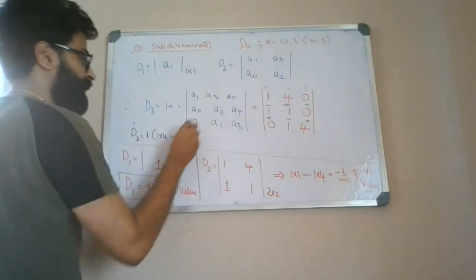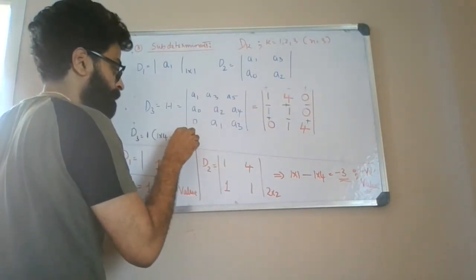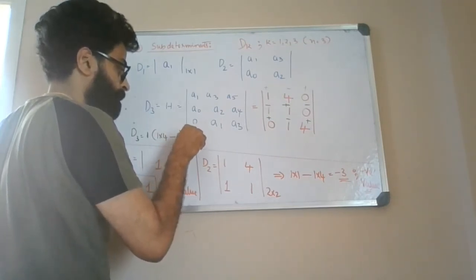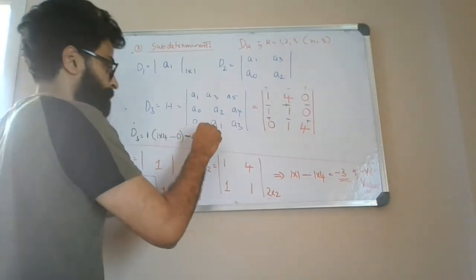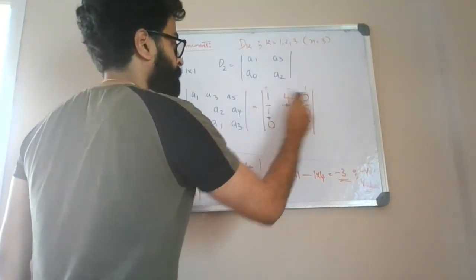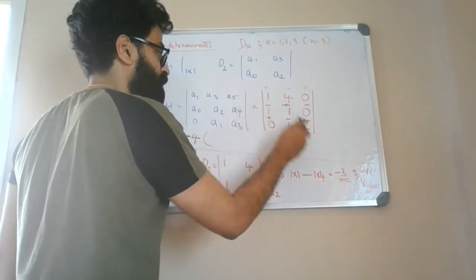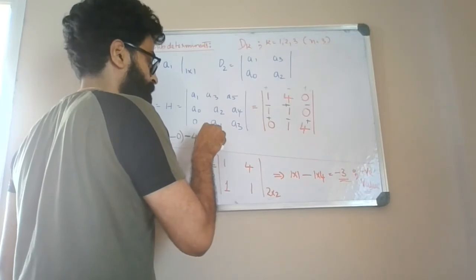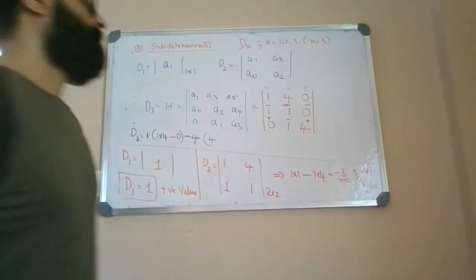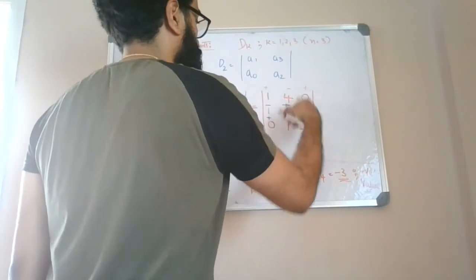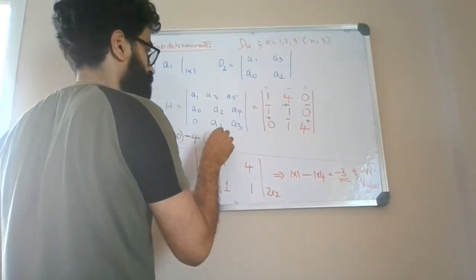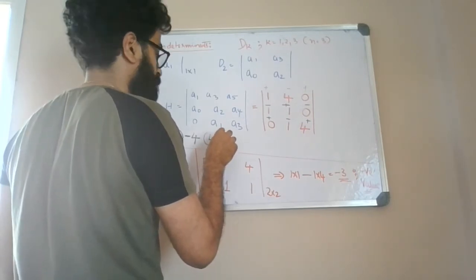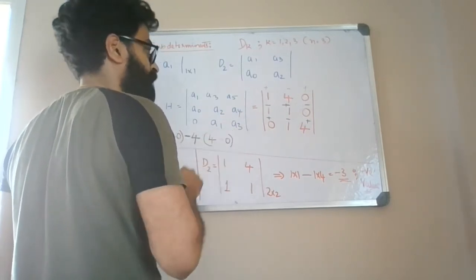Then minus sign, 1 into 4, zero into 0, minus 0.